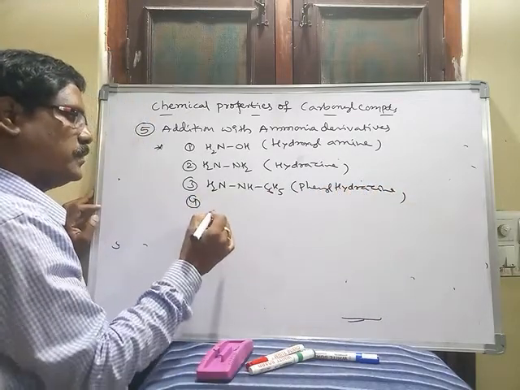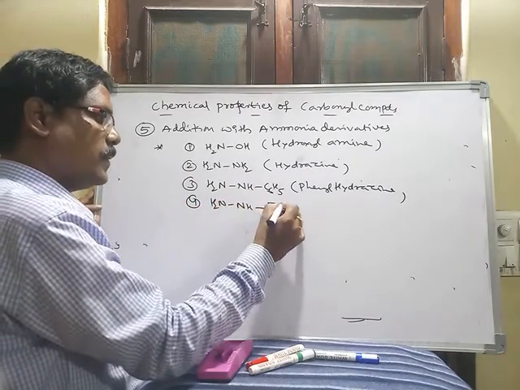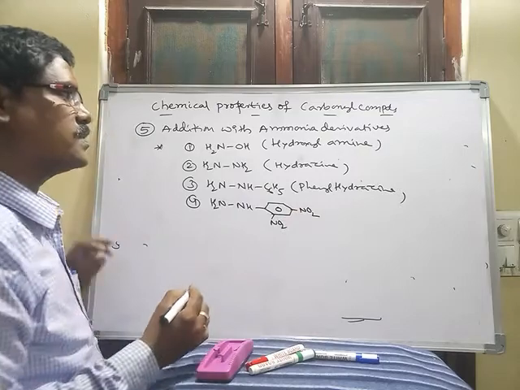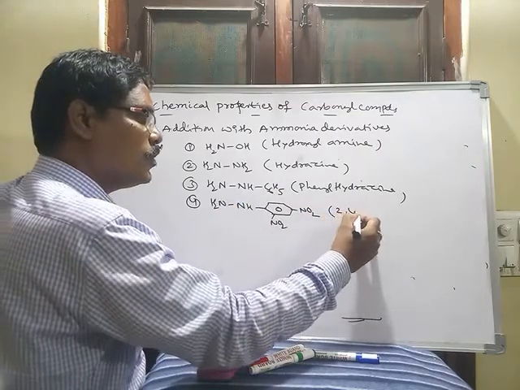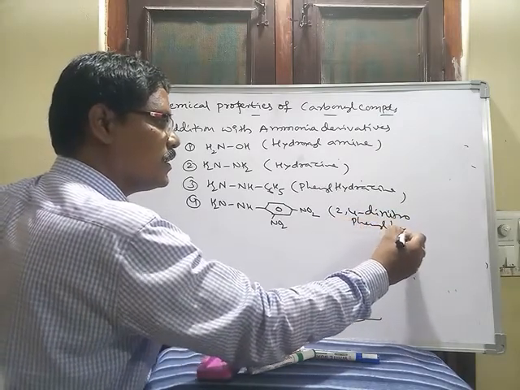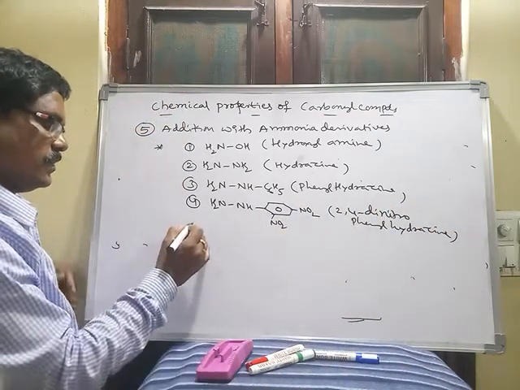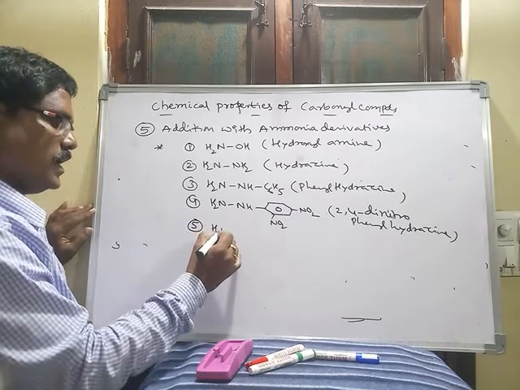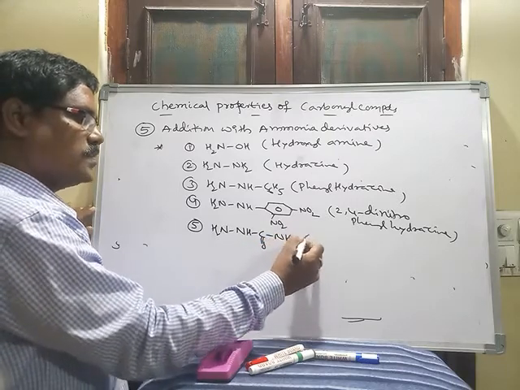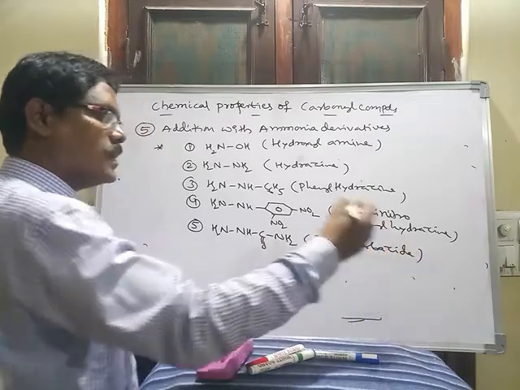Next, the fourth one is H2NNH with a benzene ring, with one NO2 here and another NO2 here. This is called 2,4-dinitrophenylhydrazine. The next one is H2NNHC(=O)NH2. It is called semicarbazide.